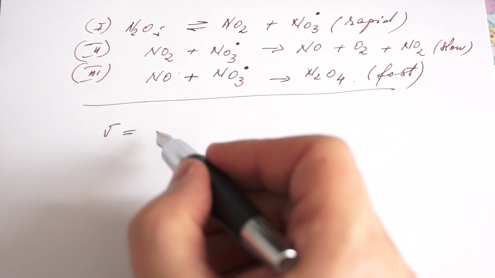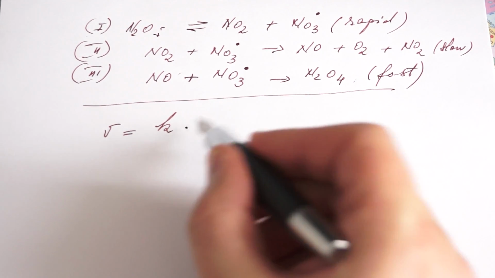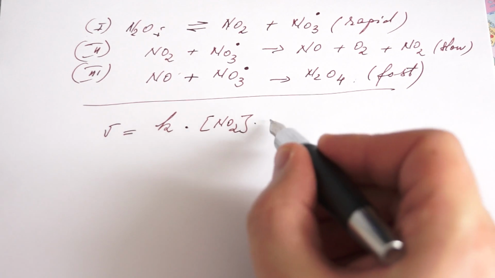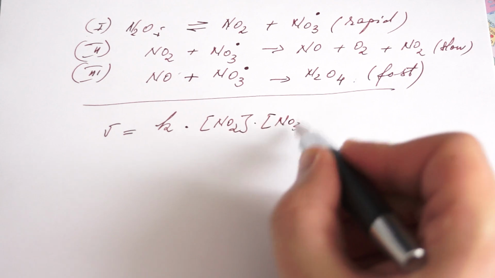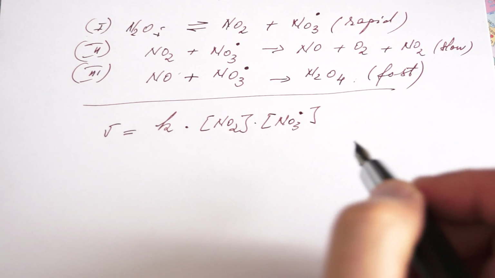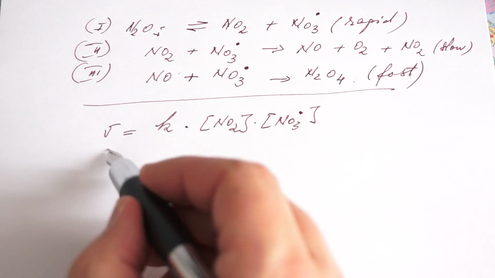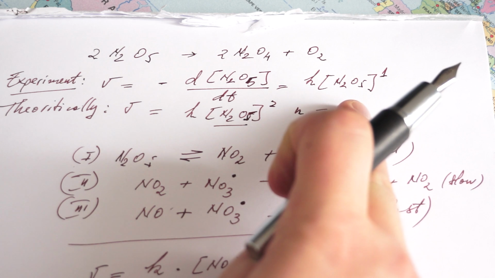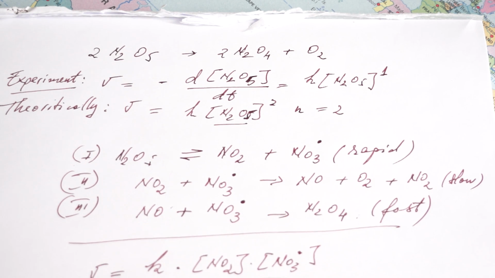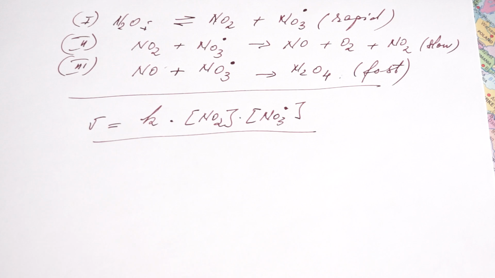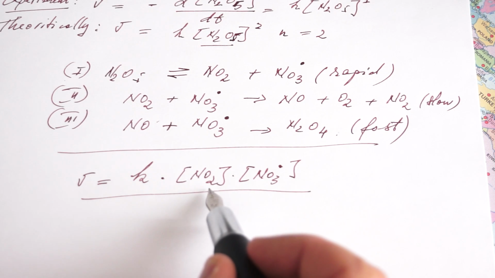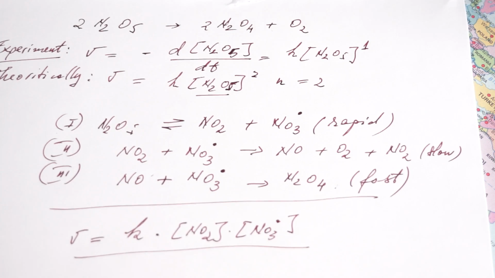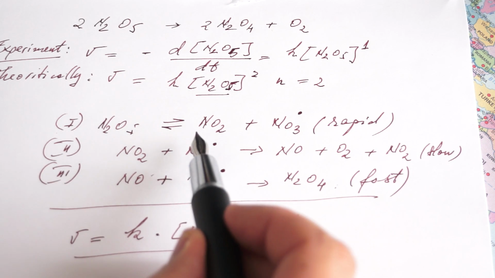That means the speed of reaction would be K times the concentration of NO2 times the NO3 radical. But how do I get from here to here? Well, we see that we can calculate the concentrations of NO2 and NO3 that participate in the slowest step from the first reaction, which is an equilibrium reaction.